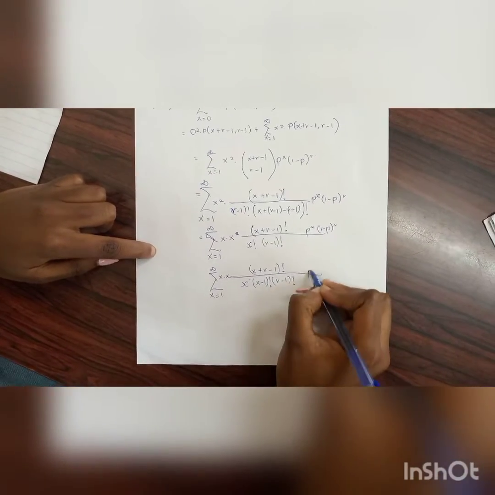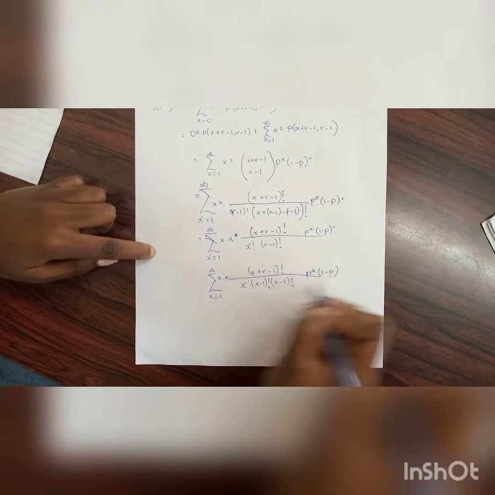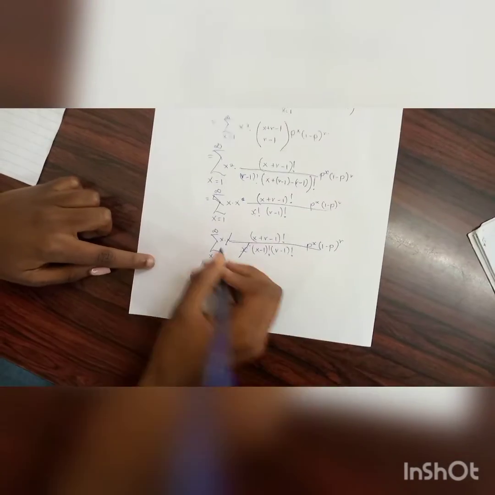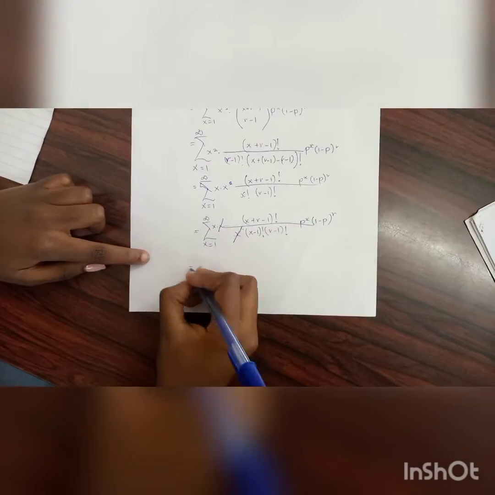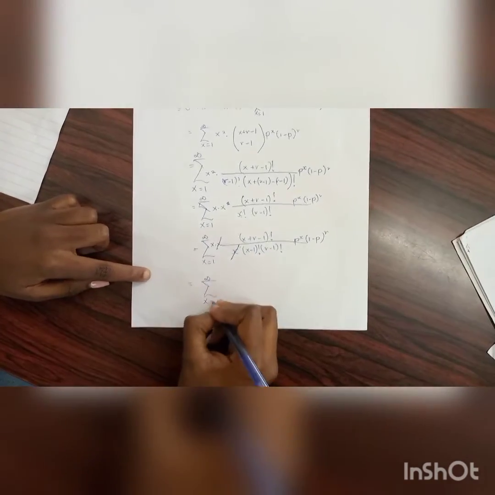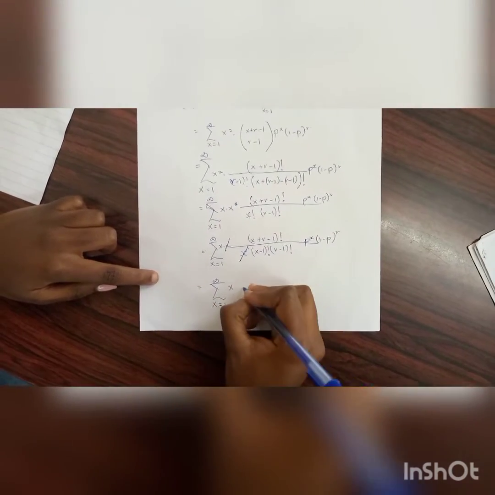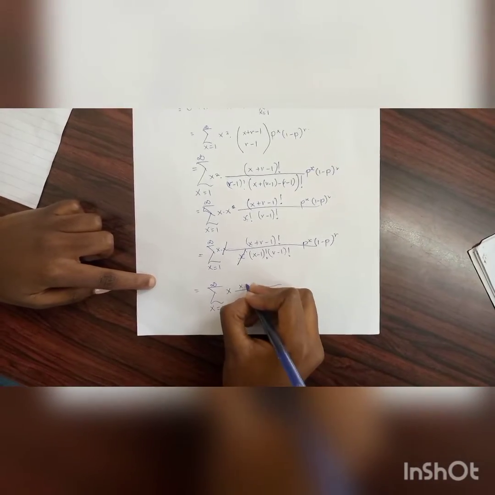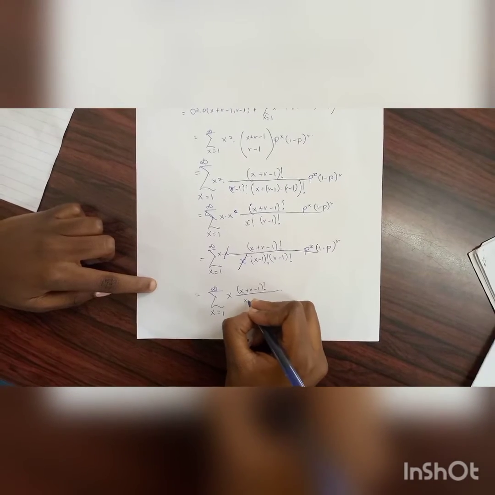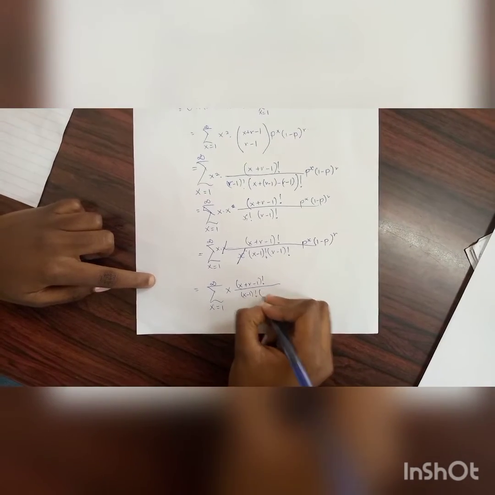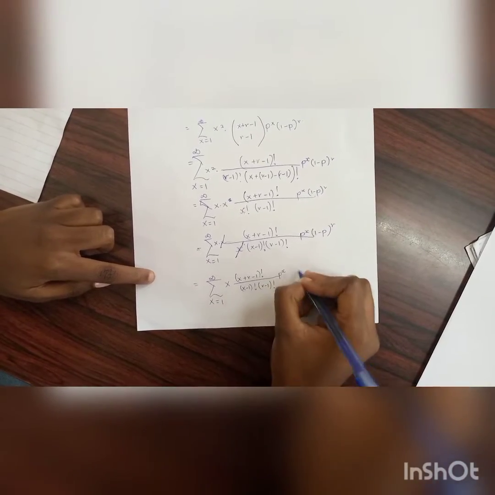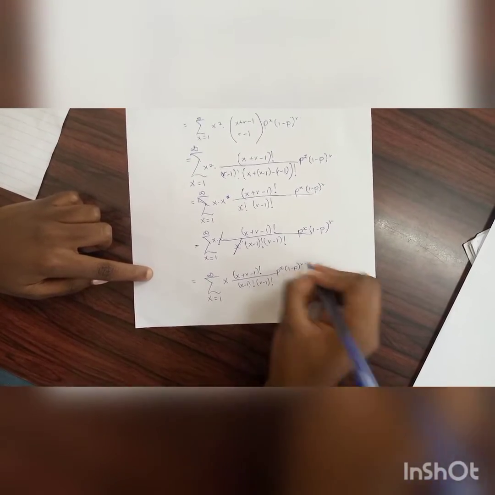We shall cancel one x, leaving us with one x. So when you continue, we have x, which is x plus r minus 1, all this factorial, over x minus 1 factorial, r minus 1 factorial, failure to the power x and the success to the power r.